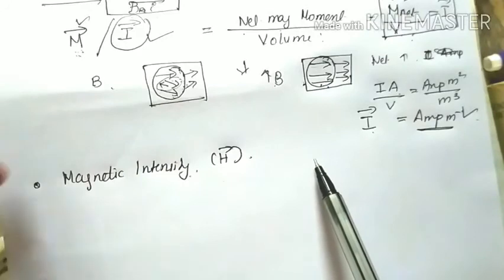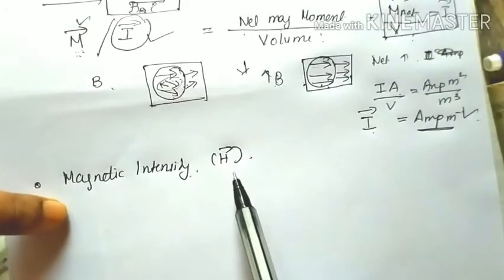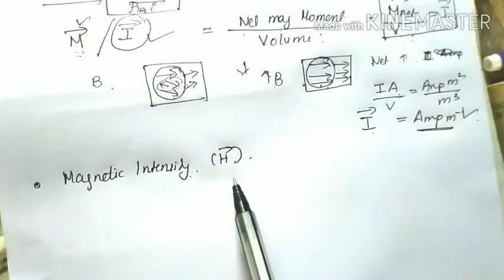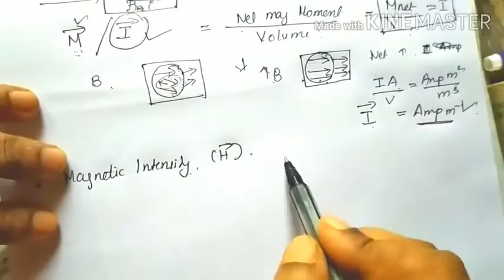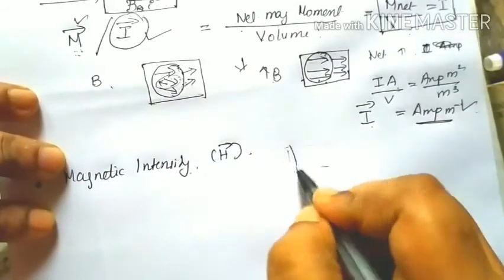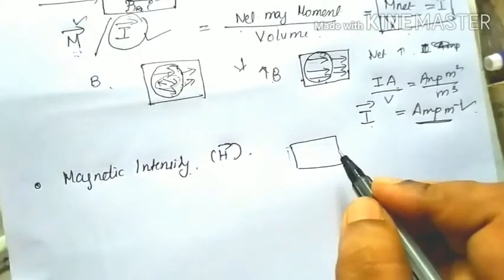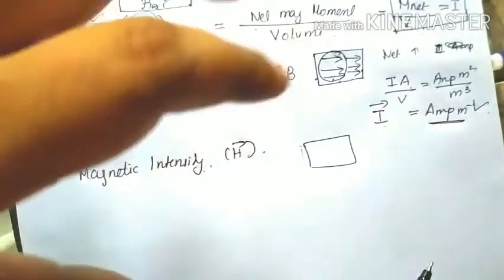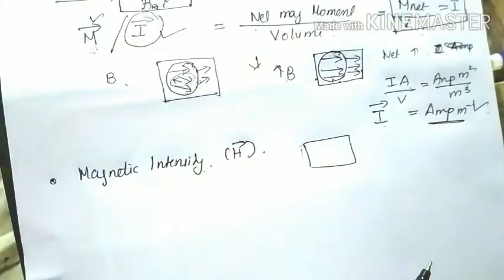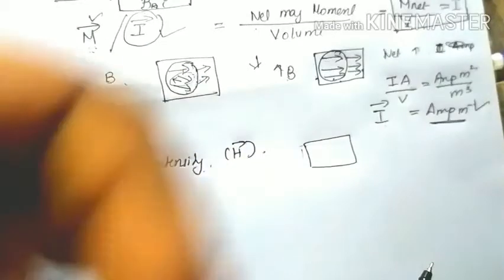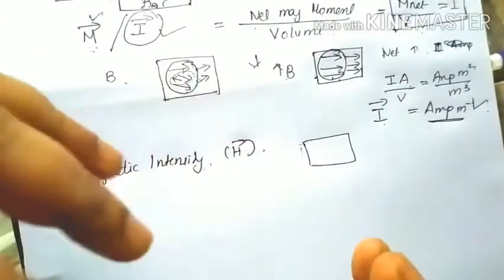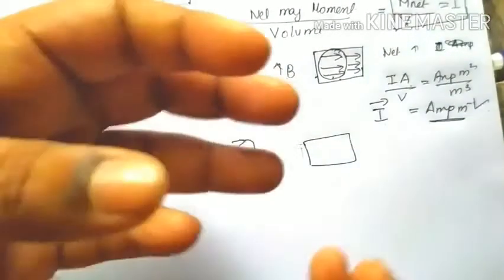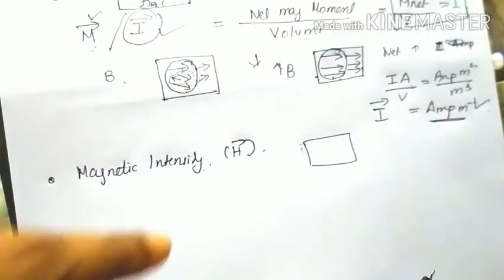Magnetizing field intensity, which is represented by H, in simple language: if I have a material like this, and a lot of dipoles are moving in random motion, and I provide some magnetic field from outside, from an external source, that external magnetic field's intensity is known as magnetic intensity.